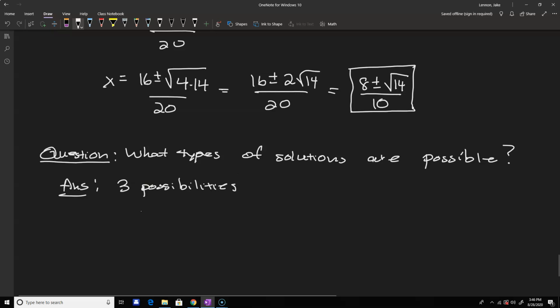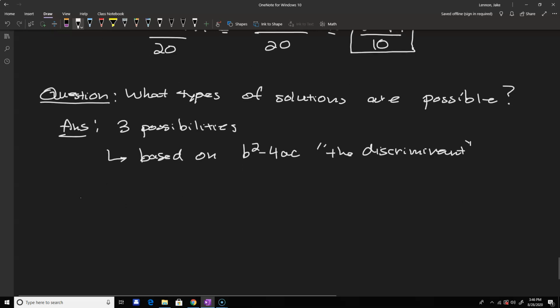And they're all based on the quantity b squared minus 4ac, which we call the discriminant. So let's run through the 3 possibilities, just so you can look at, if you know the value of the discriminant, you know what they're going to be.